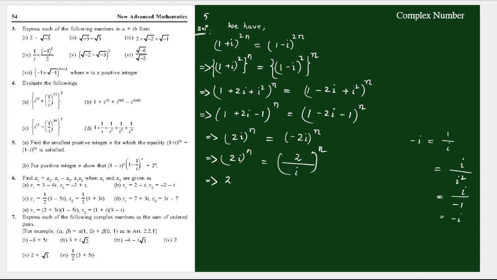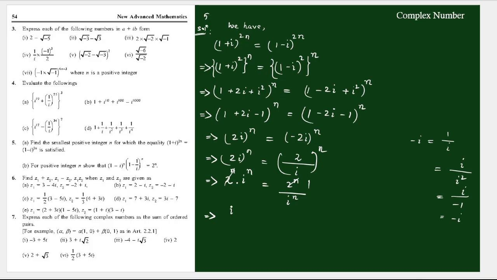Now 2 to the power n, I to the power n, here also 2 to the power n by I to the power n. Now 2n is on both sides, we can cancel it out. Then we take this I to the power n to the other side, so this one you can cut, here we'll get 1.